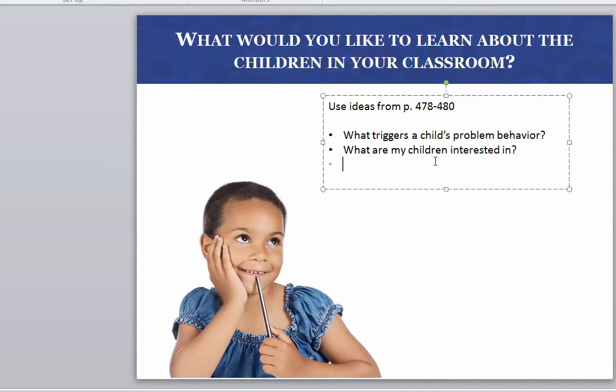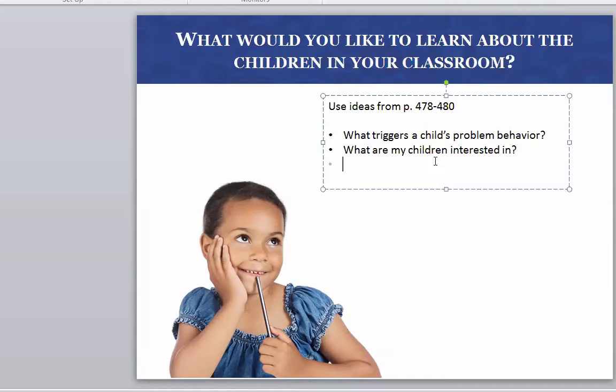So in page 478 to 480, they have a long list of things or reasons you might want to observe in your classroom. So looking at this list and using your own thoughts about when you're in the classroom, what are some things that you would like to assess or observe and figure out about your classroom or specific children in your classroom?